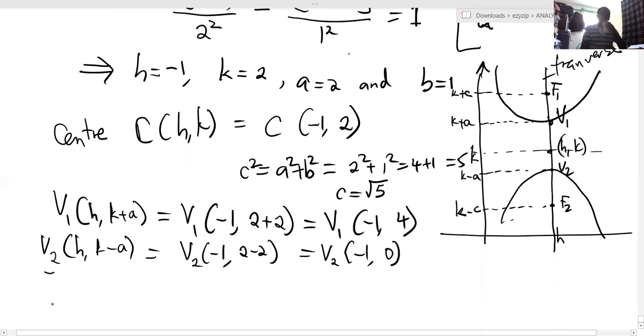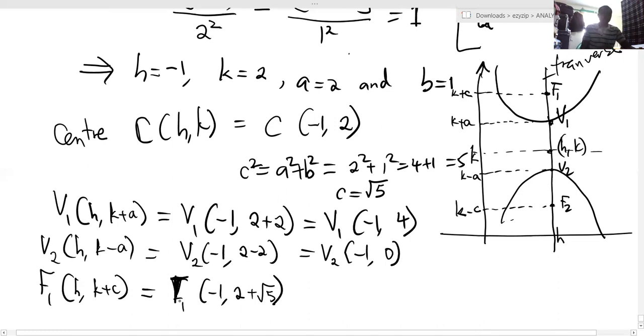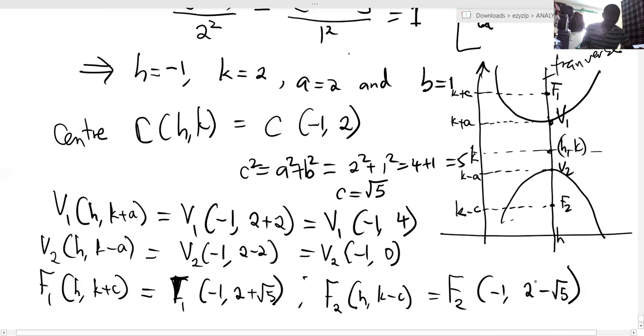And then F1, this point here, will be h comma k plus c, which is -1, 2 plus √5. And then F2 will be given by h comma k minus c, which is -1, 2 minus √5. So those are the coordinates of the foci.